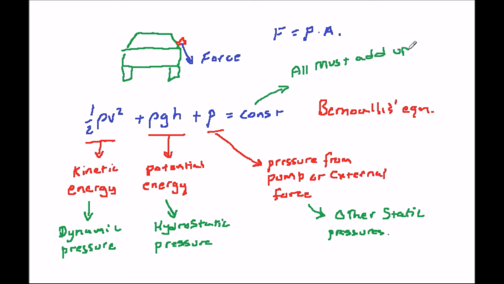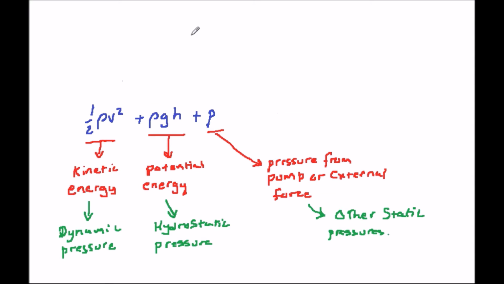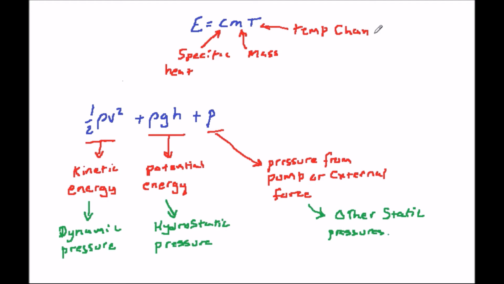In a compressible flow, however, as we discussed in a previous video, we also need to take heat into account. The heat required to raise a massive substance by a temperature T is E equals cmT. But again, we can replace the m by ρ, giving us the energy density.